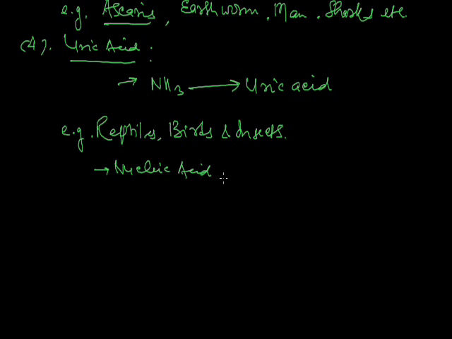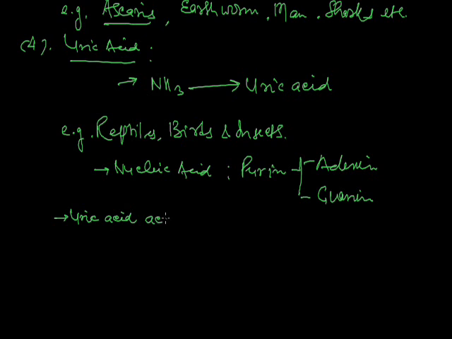Actually, nucleic acid is made up of purines. Purines are composed of two nitrogenous bases, adenine and guanine. Uric acid accumulated in the joints of humans causes a disease, gout.